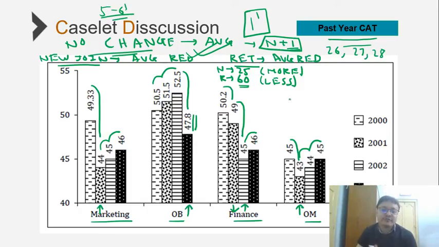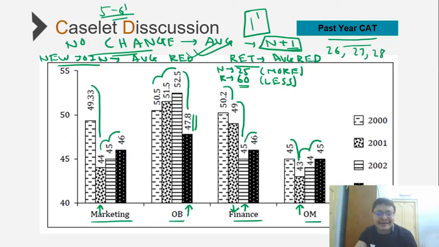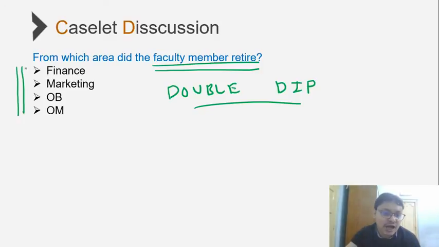If I look at which department has 2 dips, one from 50.2 to 49 and again from 49 to 45, the double dip happened in the finance area. So in 2001 the finance faculty member retired. In 2002 another new faculty member joined. So the dip happened in finance. So the answer is option A, that is finance.